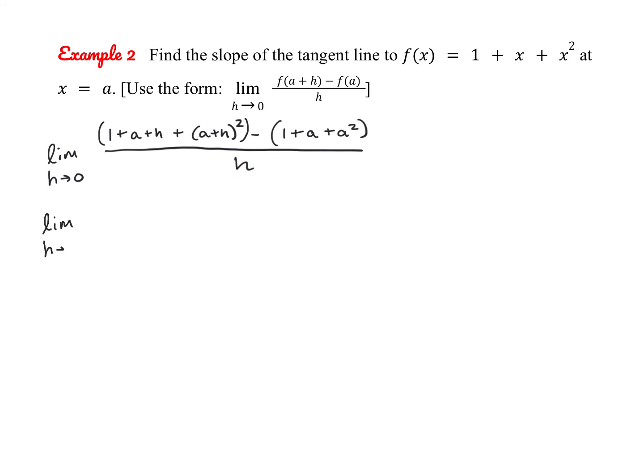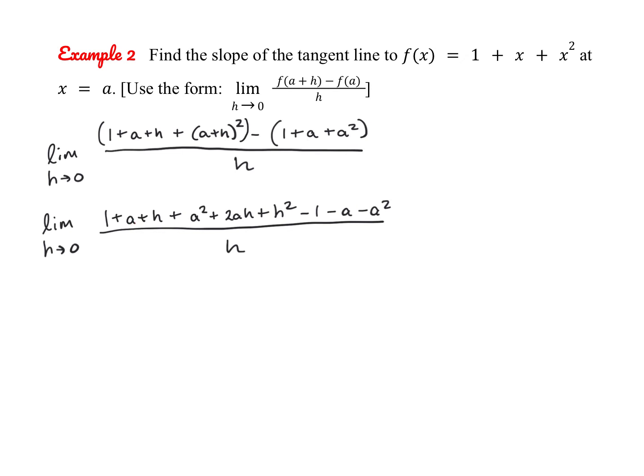So the limit as h approaches 0 of 1 plus a plus h plus a squared plus 2ah plus h squared, and then minus 1 minus a squared. I distribute that negative over h. So be really careful with this second part of subtracting the entire function.